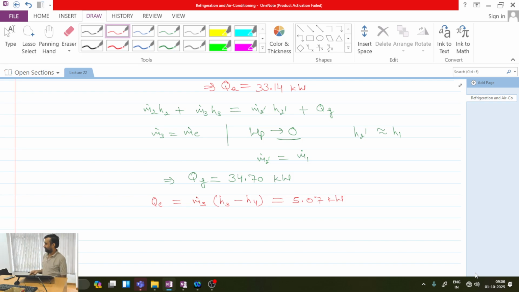Okay. 5.07 kilowatt. Now what I need to do, I need to check the energy balance.